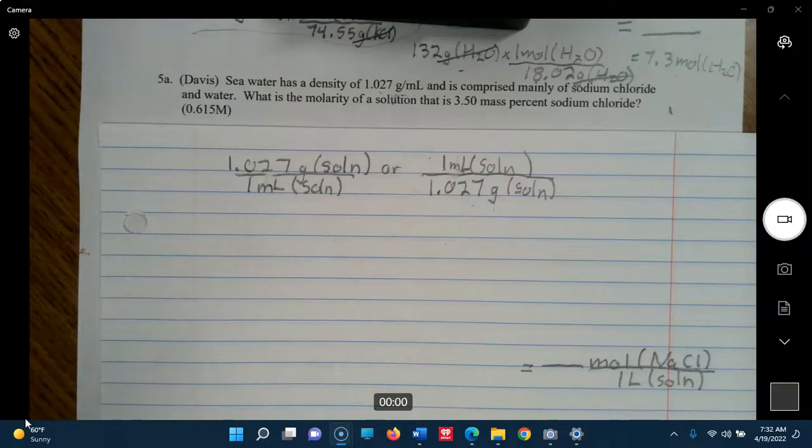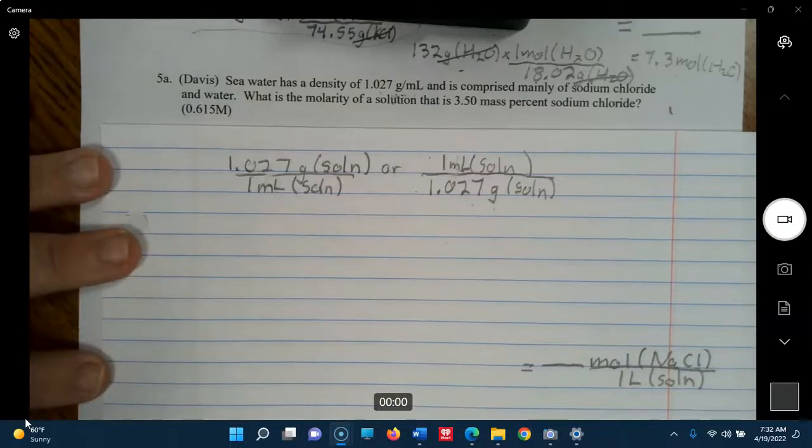Now, here's the trick here. When you're given a mass percent like this, you can choose any mass that you want, any mass of the solute and any mass of the solution that you want, as long as when you divide them, you end up with 3.5 or 3.5%. So the simplest one to do, the one you should always use, is 100.